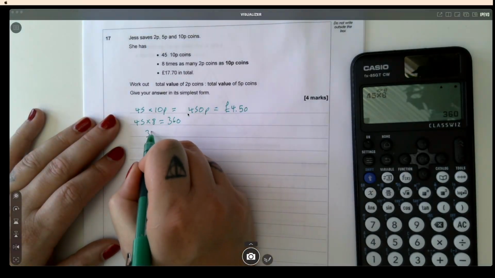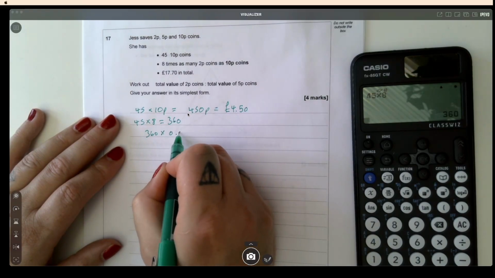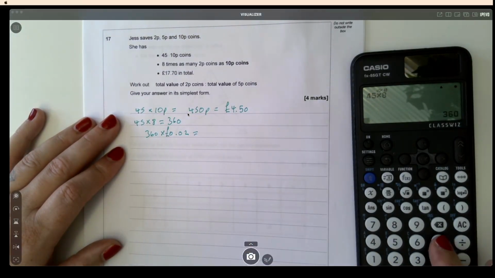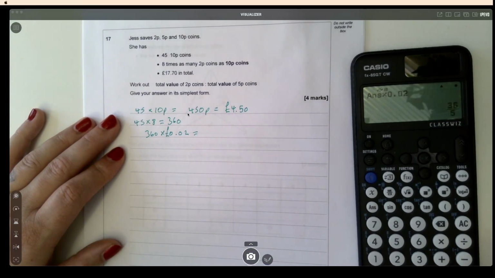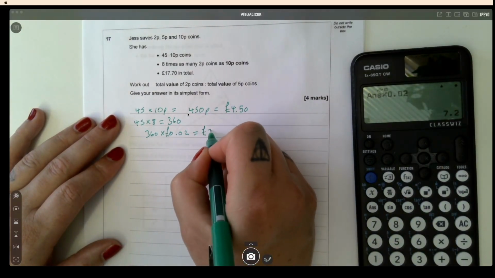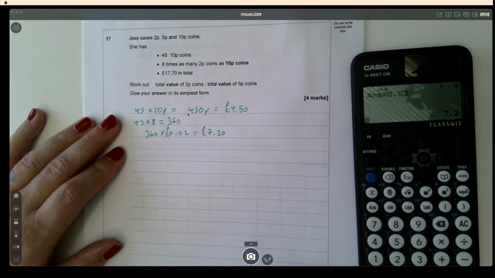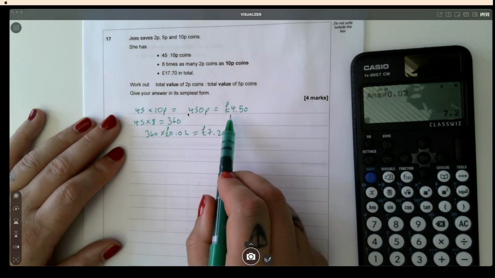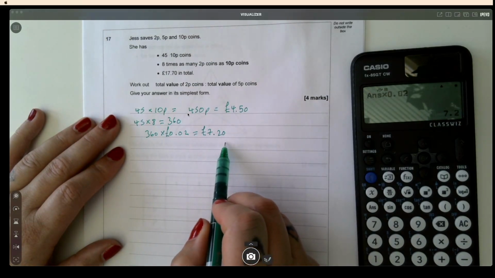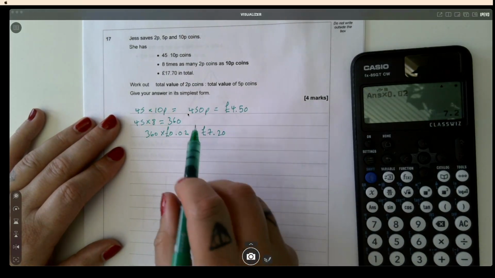So 360 times 0.02, that's the pound equivalent for 2p, is £7.20. So we know that there's £4.50 worth of 10p coins, £7.20 worth of 2p coins.